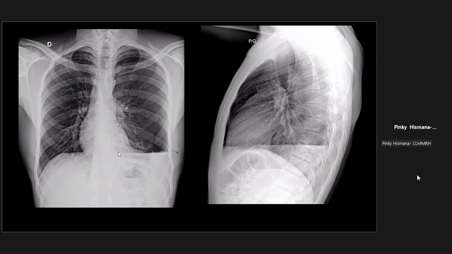So this one actually, you have fluid in your left hemithorax. And if you notice, there's some degree of lucency at the lateral aspect of your hemithorax. And this one actually corresponds to the viscera. So this one actually is your partially collapsed lung.